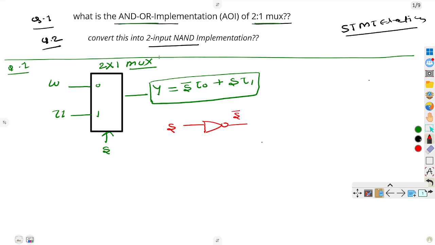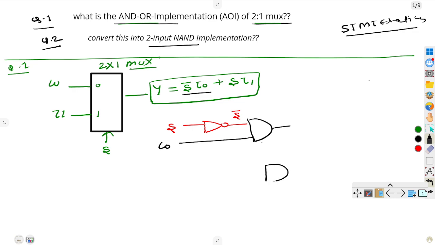Then here I will make an AND gate. So this is I0, this is I0.